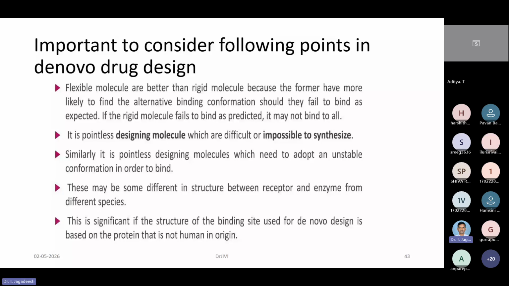So we cannot make the drug rigid, thinking that whatever is present in one direction is the only thing present in the socket. We cannot have such a rigid molecular structure. So we need to consider a flexible molecule. That is one thing we need to keep in mind in de novo drug design, whether it is fragment-based drug design or any other approach. This is a fundamental we need to keep in mind.